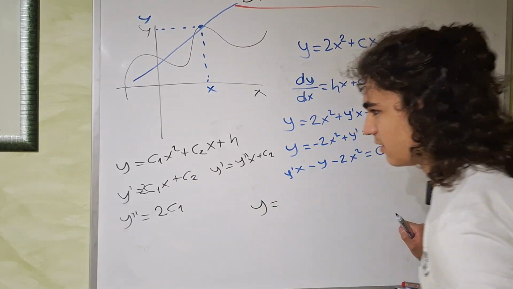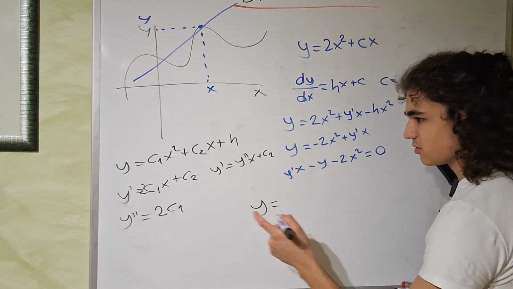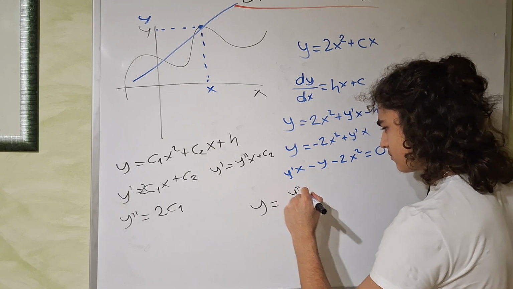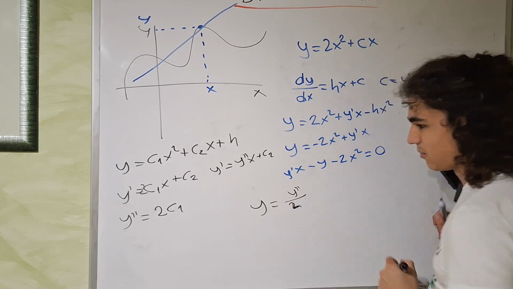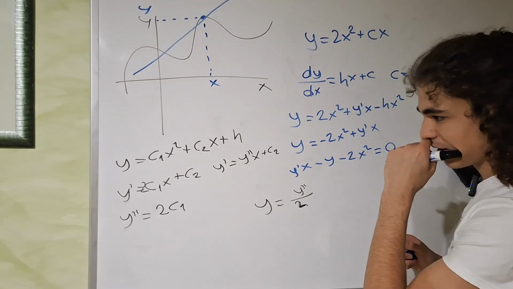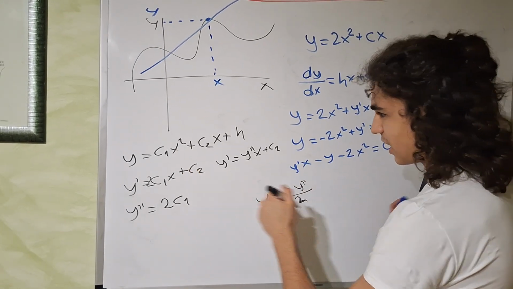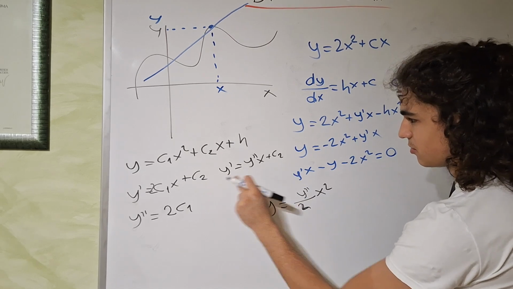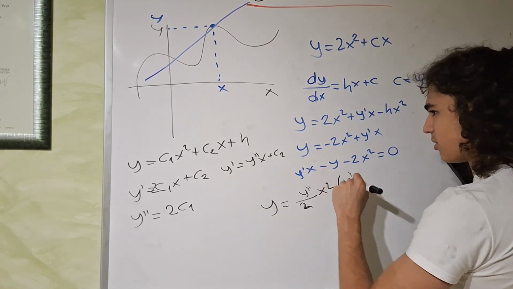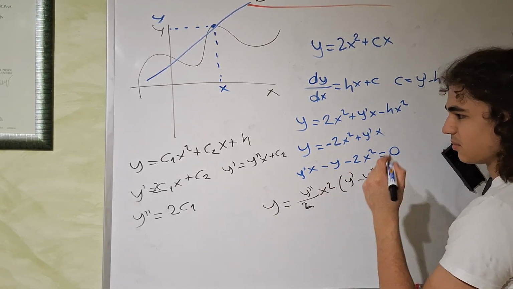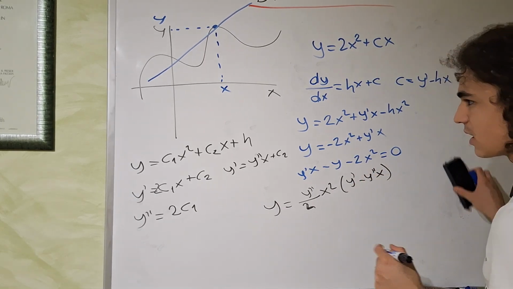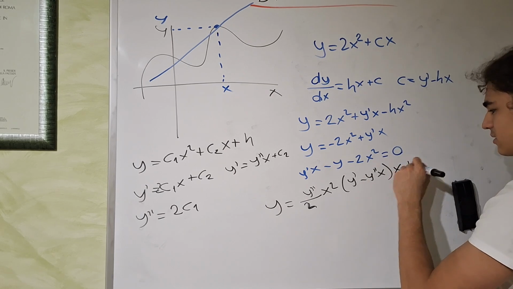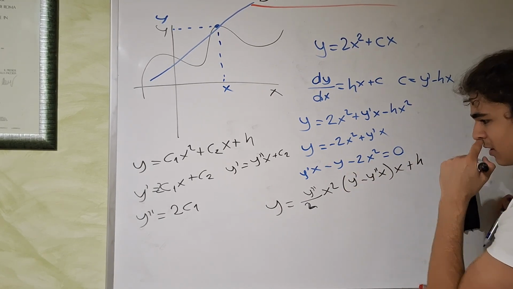So we have the first equation, y equals c1, so y double prime over 2, then we have x squared plus c2 x, where c2 equals y prime minus y double prime x, that multiplies x plus this constant here.